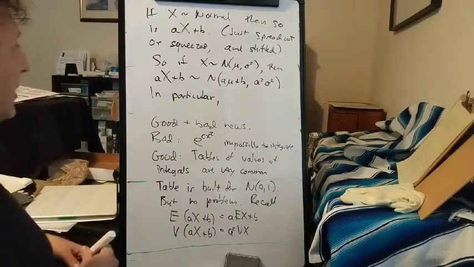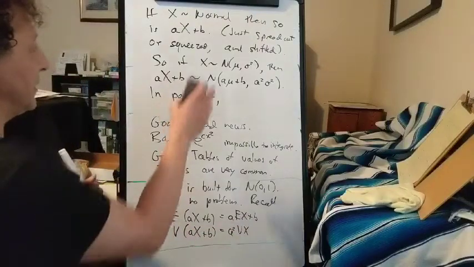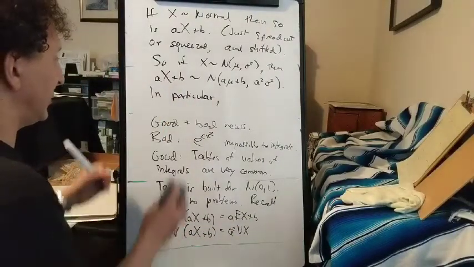So in particular, if we choose a and b carefully, we can get a 0, 1 standard normal variable.